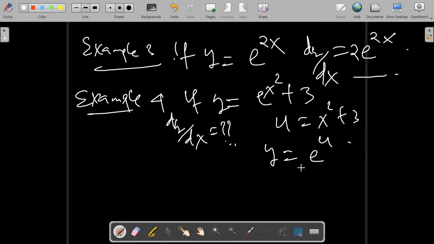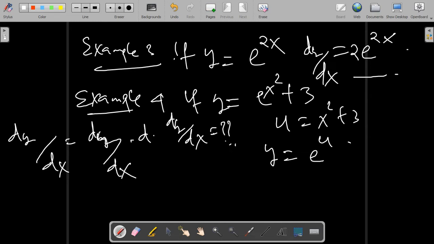Now let us differentiate these functions. The formula that we apply is the chain rule: dy over dx is equal to dy over du times du over dx.